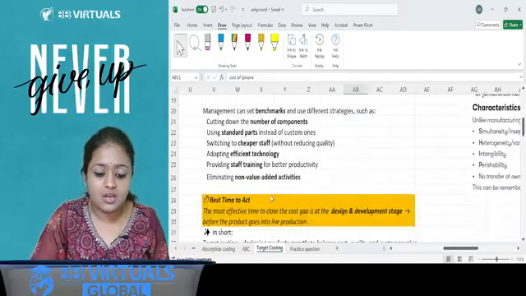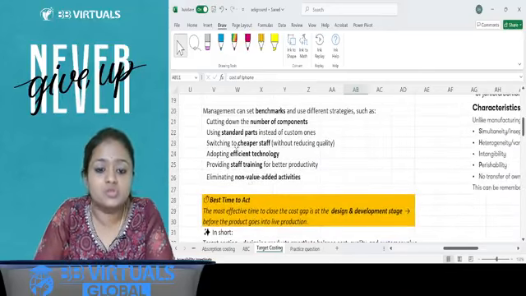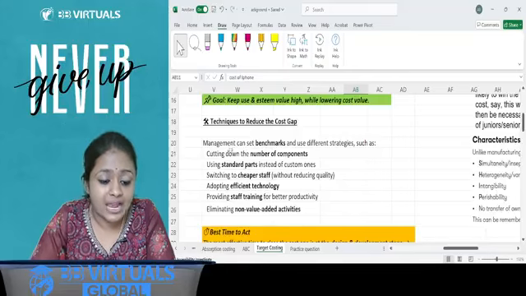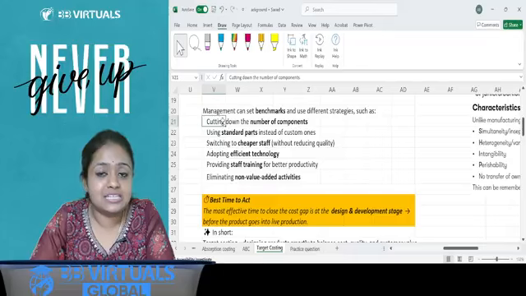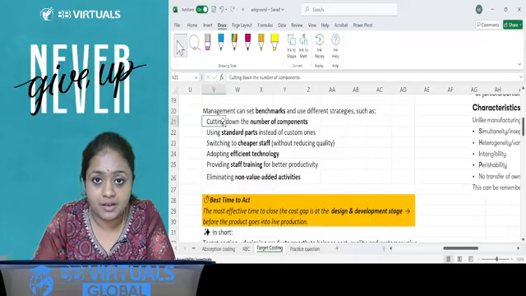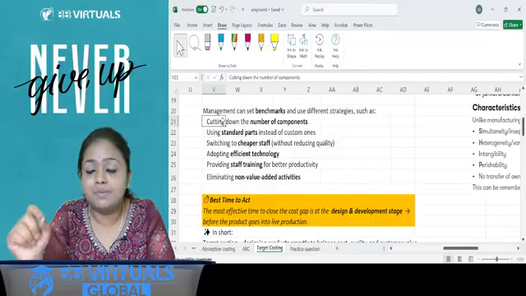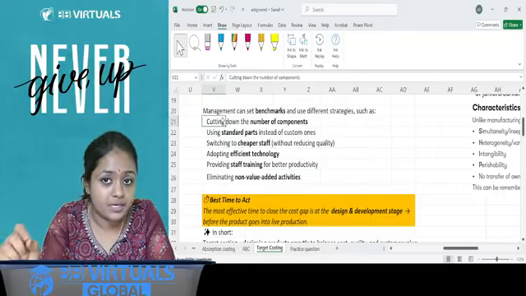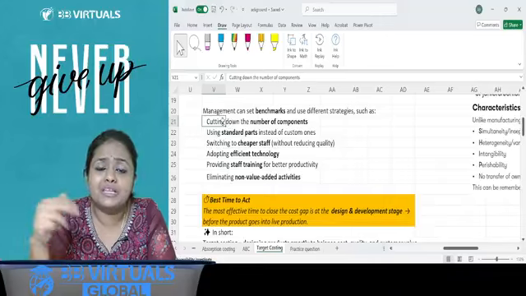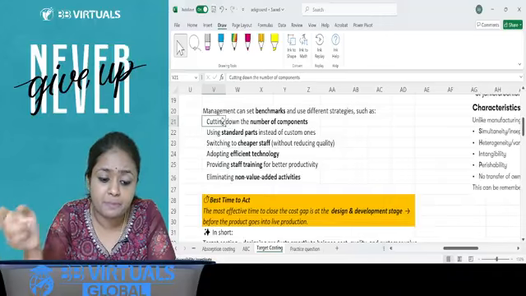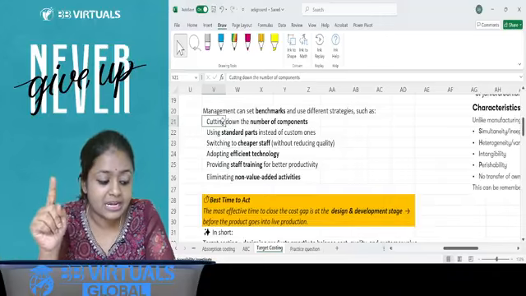Got it? So now here, how can we apply the techniques to reduce the cost gap in case of value analysis? Like we have discussed for value engineering, we should make steps to cut the number of components, maybe get it replaced with similar quality, cheaper components. However, be very, very clear.